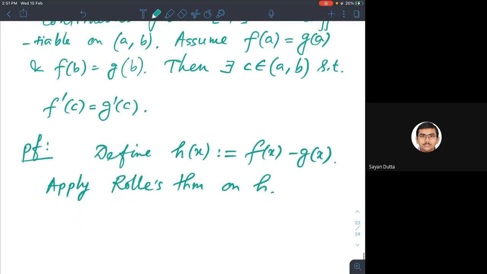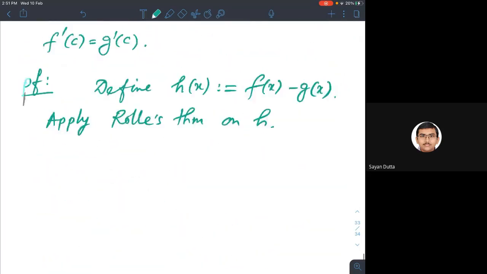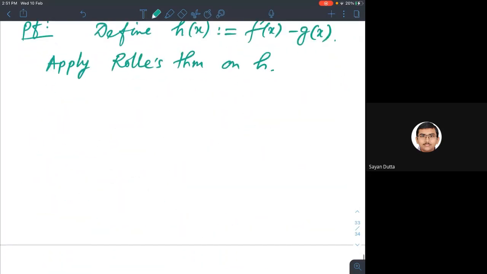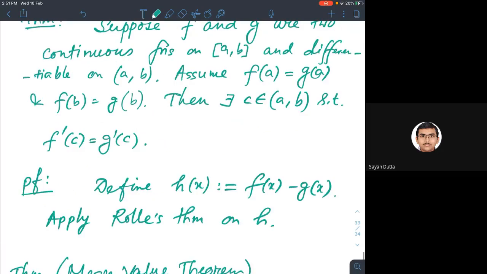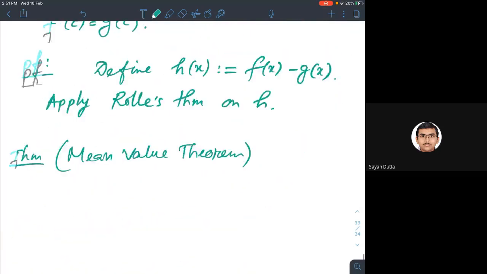So that gives you this one. But this is important. This gives you interesting stuff. So another theorem which is called the mean value theorem, and this is quite useful. But this is nothing but a corollary of Rolle's theorem.